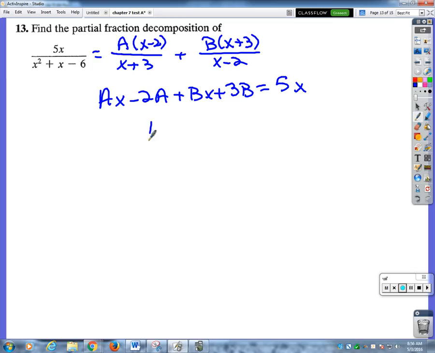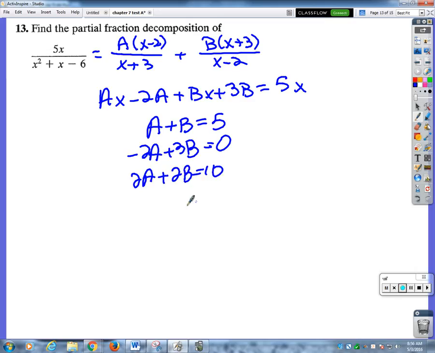So all we know is that a plus b equals 5, and then negative 2a plus 3b equals 0. Okay, so I multiply the top one by 2, I get 2a plus 2b equals 10. So 5b equals 10, so b equals 2. Right, and then if I plug this in, then you get a equals 3.